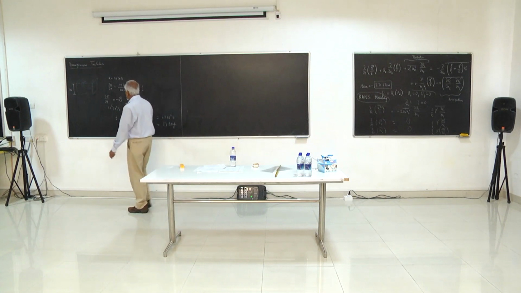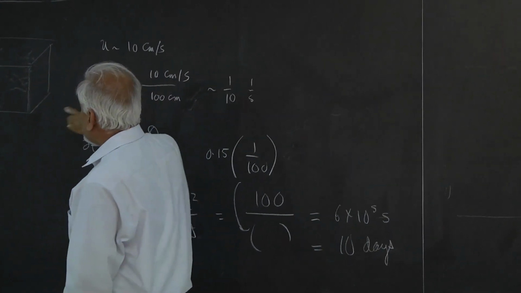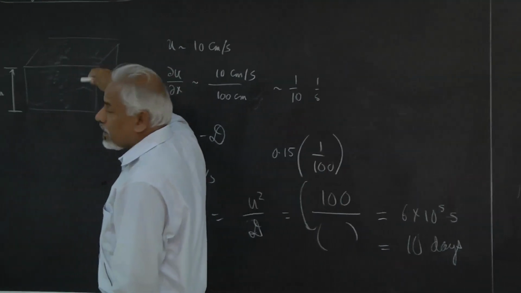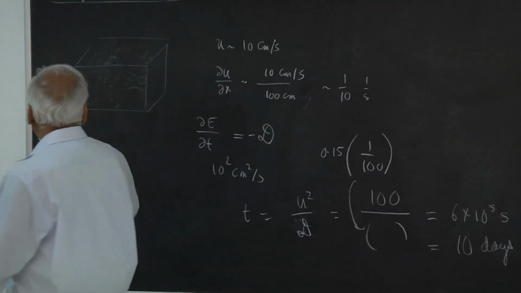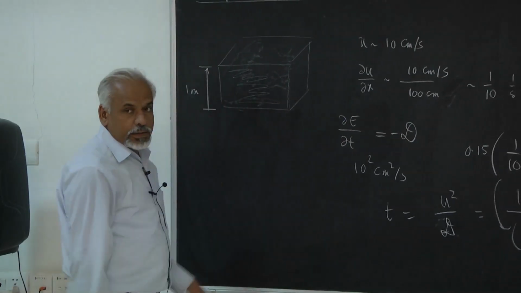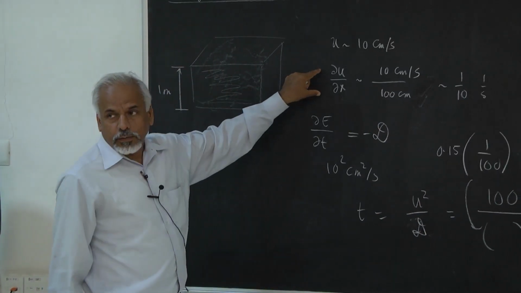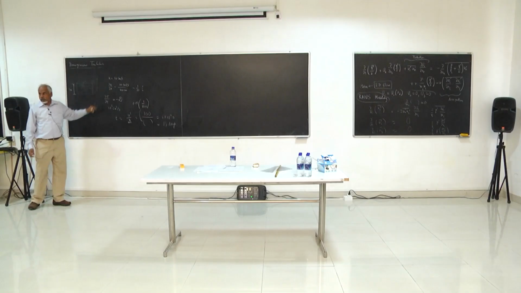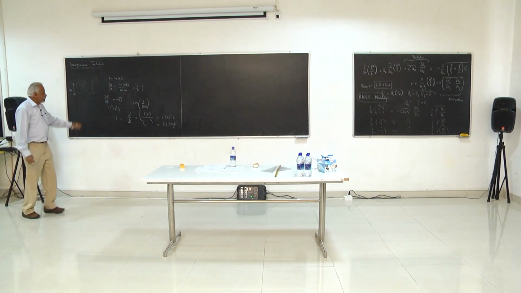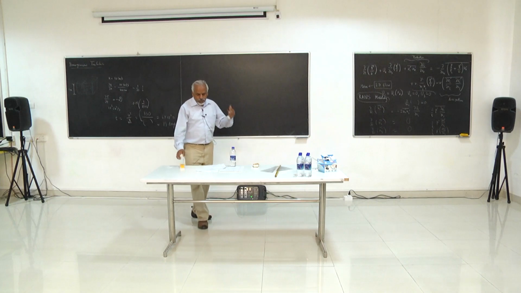The reason for that is my estimate for this gradient is wrong. The fluctuations are not really varying like that. They are all over like that. There are little shear layers everywhere. So there are little gradients everywhere, and they actually dominate the estimate for the gradient that I should take there. If I do the right thing, then I'll get the right answer, which is a few minutes or something like that.